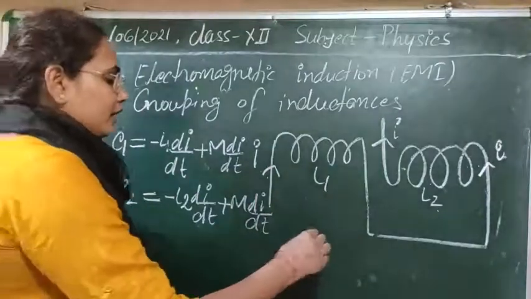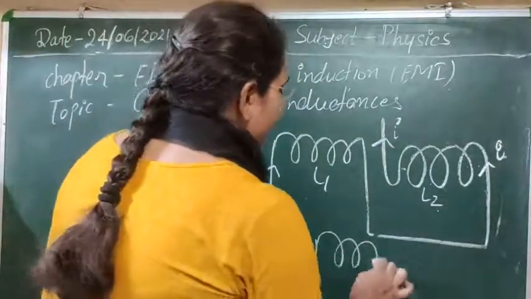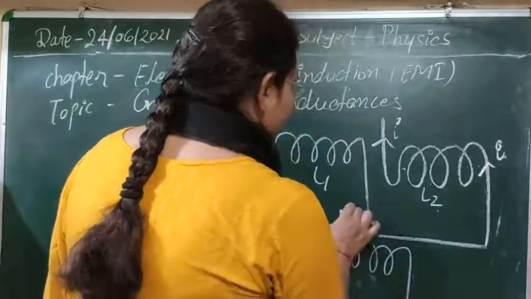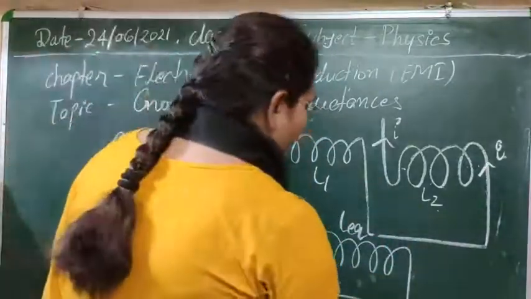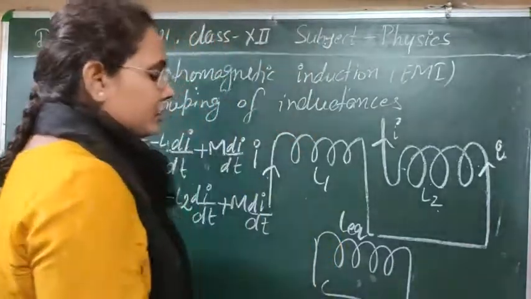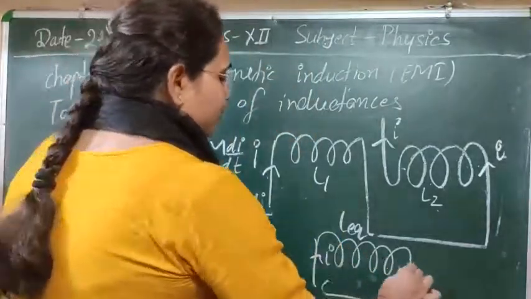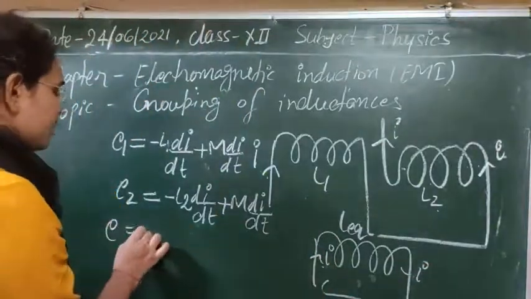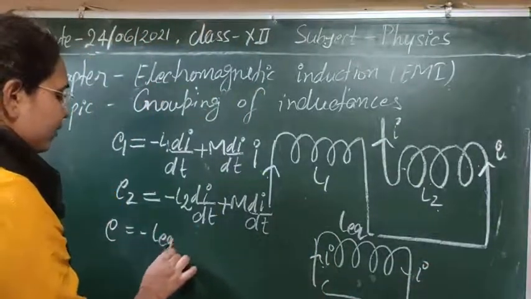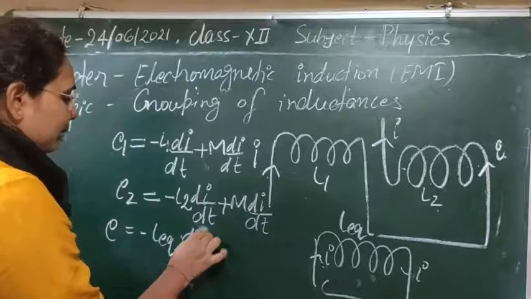And now if we replace this whole coil by one coil that has equivalent inductance, that is L equivalent, with the whole induced EMF E, and some I current flowing here, then for this case we can write E is equal to minus L equivalent into di by dt.